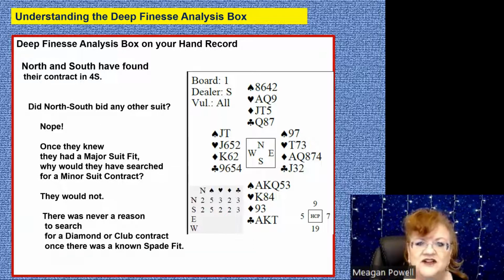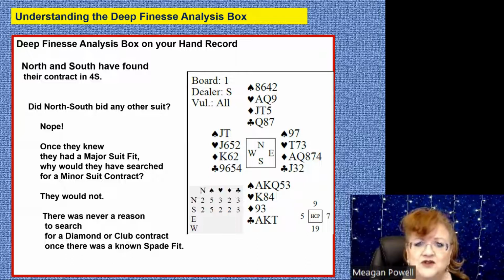Did North and South even attempt to bid any other suit? No. Why not? Well, once they knew they had a major suit fit, why would they have even tried to search for a diamond contract? Why would they have searched for a club contract? They wouldn't. There was never a reason. Once a spade fit, a major suit fit is found, there was never a reason for North and South to explore diamonds or clubs.